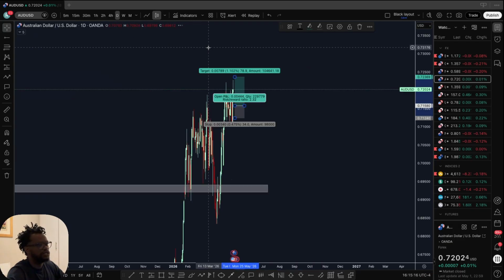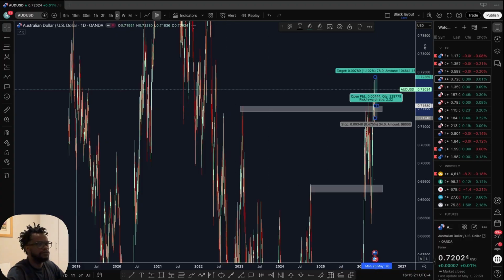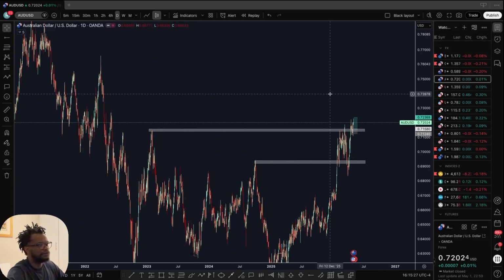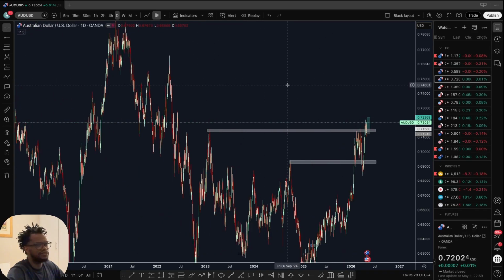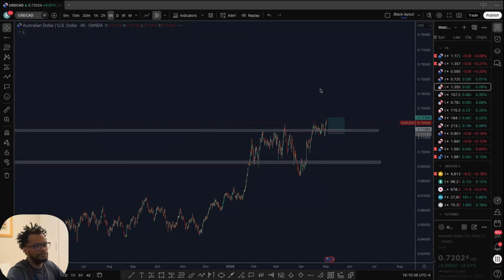Let me just go to the daily and zoom out and show you what levels I'm looking at. You see there's a major level here, another major level here, but I feel like it needs to drop first for me to buy it. But it's not a pair that I want to sell at the moment, so I'm going to be pushing it aside for a bit.